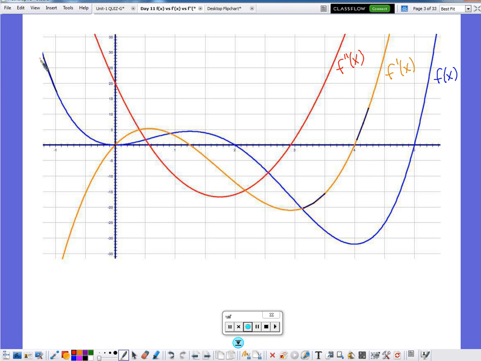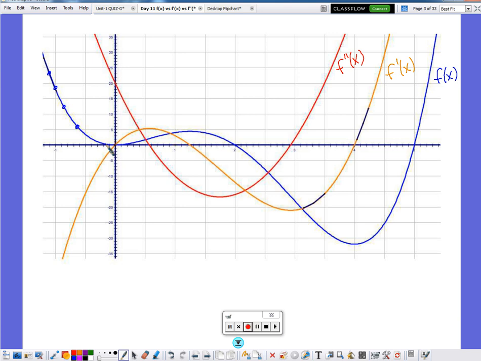Okay, follow this, please. If it doesn't make sense, just speak right up. If I look at this graph in blue, this is the f graph, and I go point by point along this graph. I notice that from this point, to this point, to this point, all along here, the function f is decreasing. Function f is going down. Pretty good? Okay.